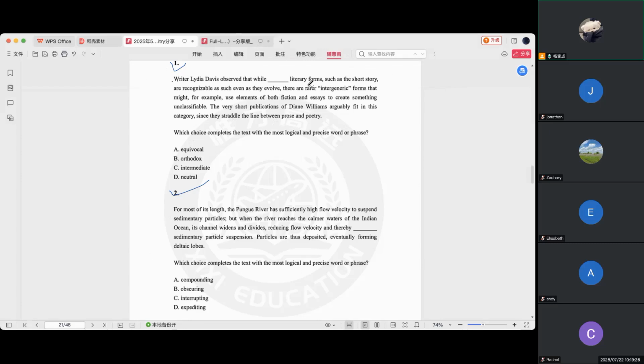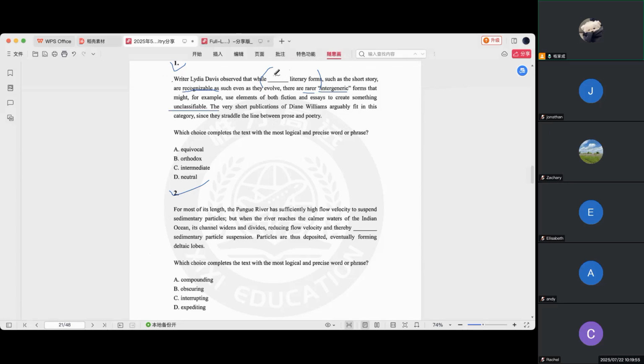In the first question, it says that while literary forms such as short stories are recognizable. So the first type of literary forms, they are recognizable, and the other one is called intergeneric forms, and they might use elements of both fiction and essays to create something unclassifiable.